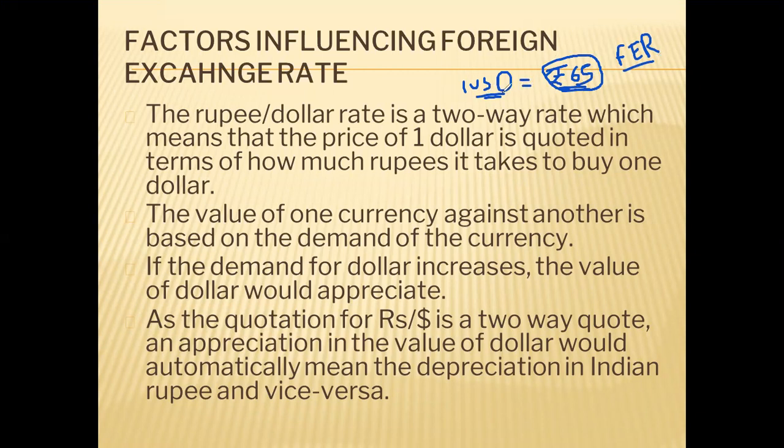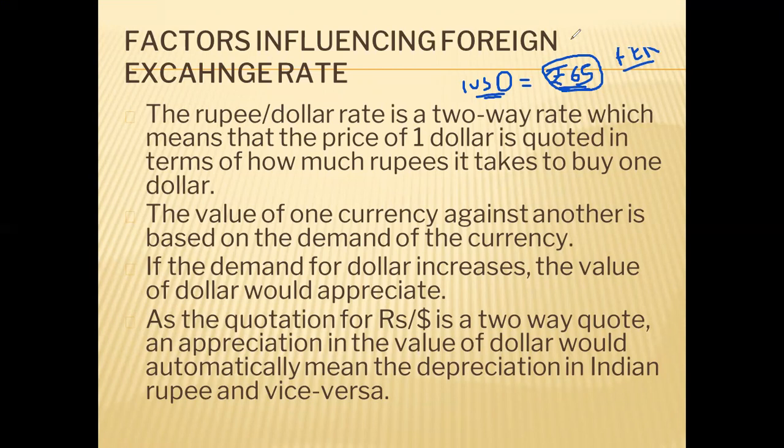As a common understanding, it is known to everybody that this rate keeps on changing. The dollar's rate or any other foreign currency's rate keeps fluctuating on a frequent basis. For example, if today the dollar is 80 rupees, tomorrow it may become 85 or it may become 70 also.